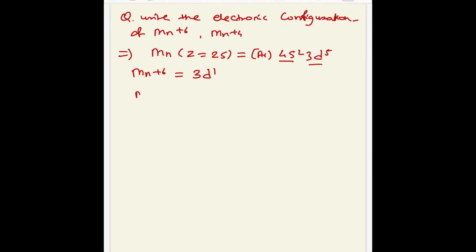In case of Mn plus 4, it loses 4 electrons, 2 from 4s and 2 from 3d. So the d orbital has 3 electrons, so 3 unpaired electrons are present.